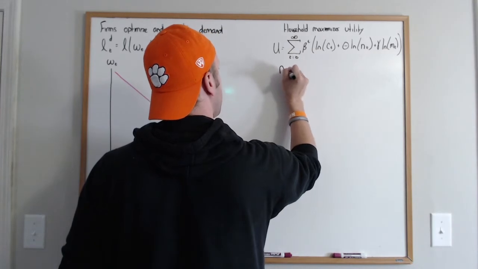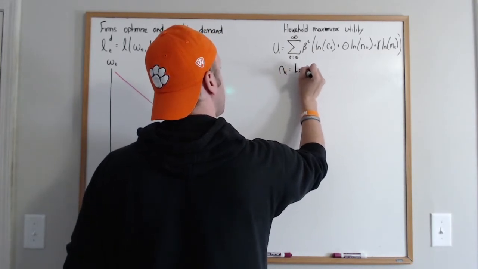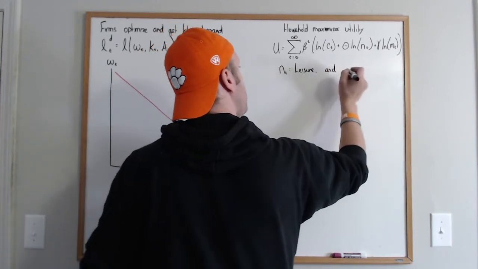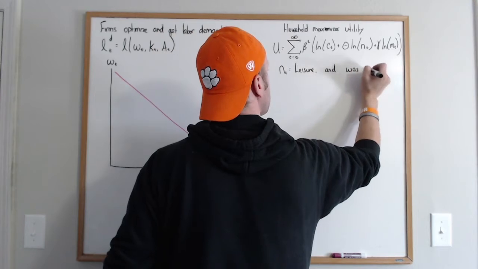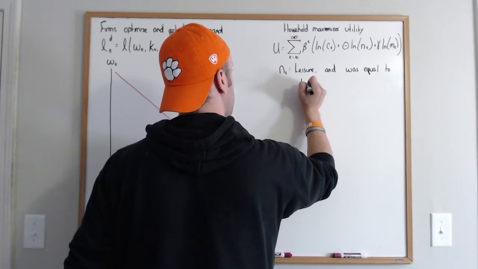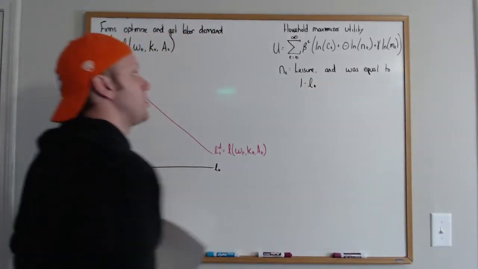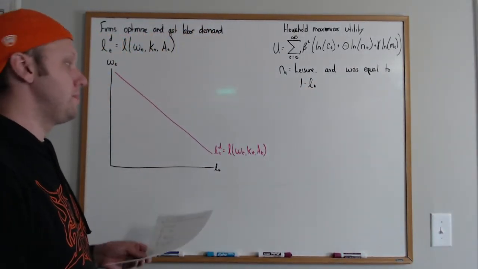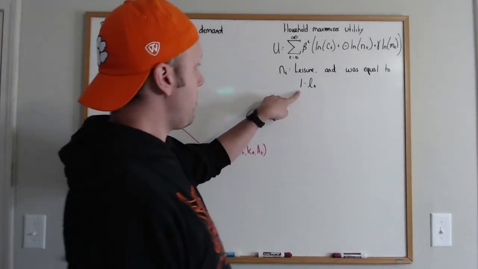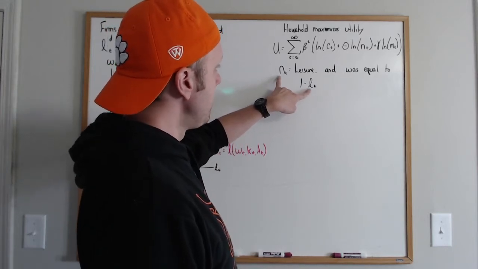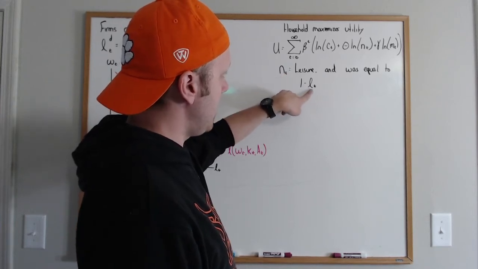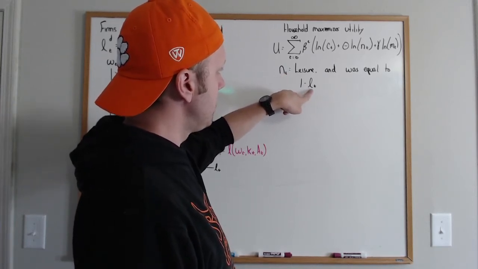N_t was leisure, and it is equal to 1 minus L_t. So if every period has a length of 1, we can separate that period into labor and leisure: the amount of the day that you spend sitting doing nothing, and the amount of the day that you go to work.